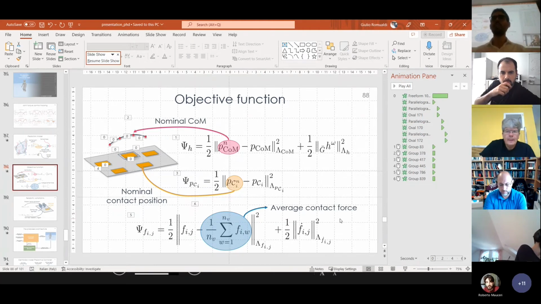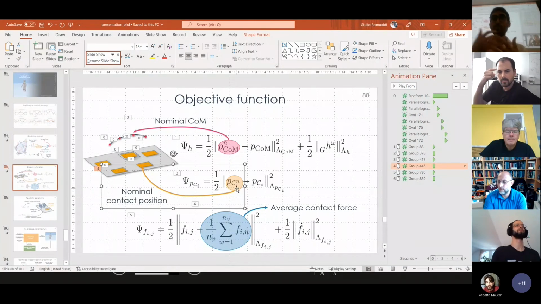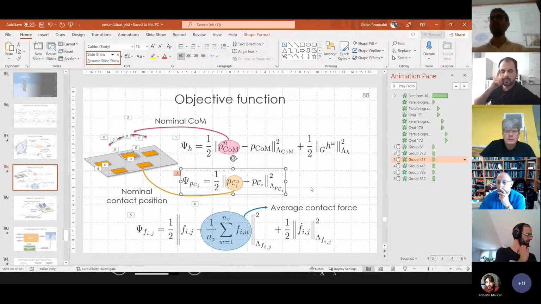So this is the objective function. We consider the position of the footstep, this one here, in the optimization problem as a regularizer, and then we look for the adjusted position of the footstep, or contact in general.